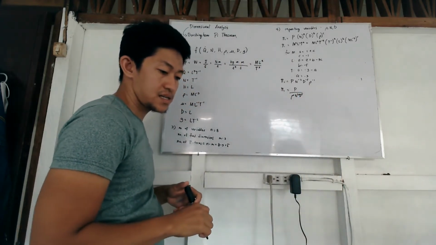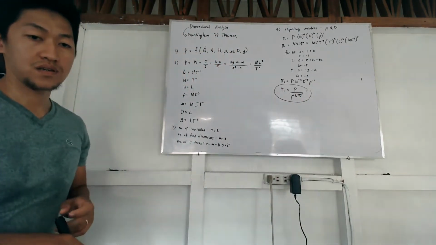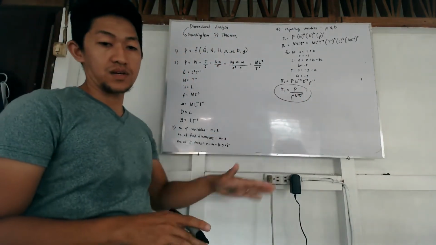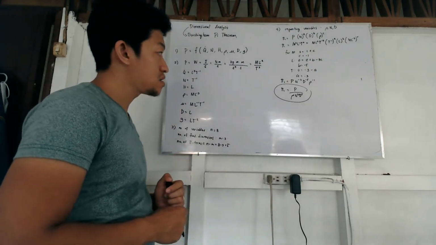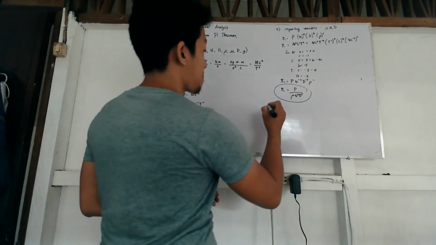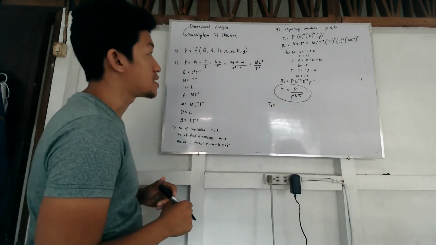Okay? That is your pi 1. This is your first dimensionless number.